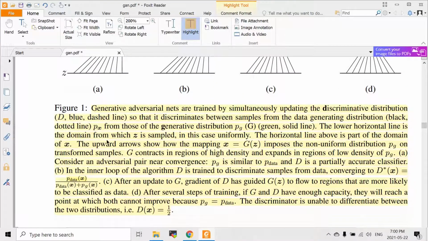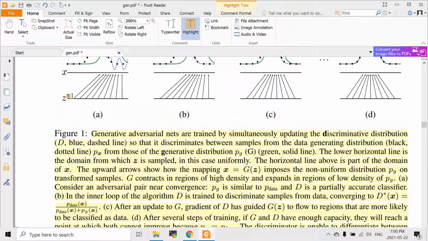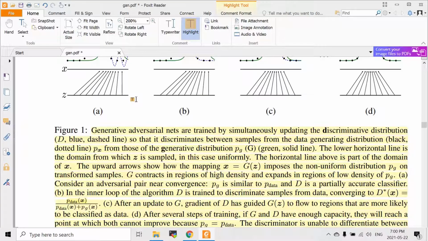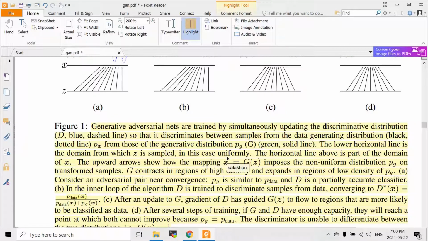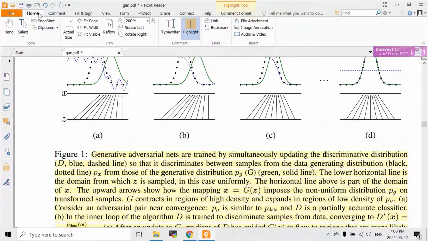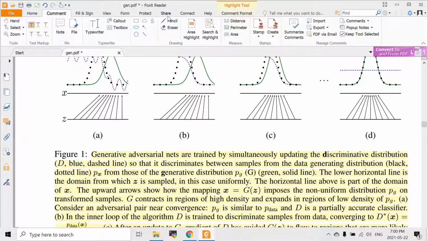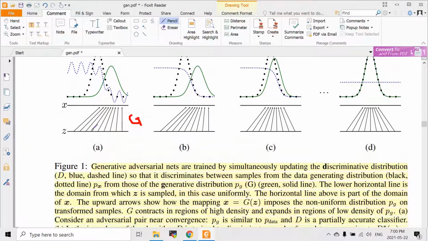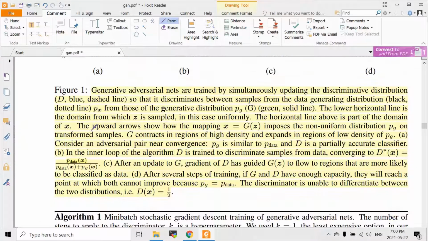The lower horizontal line is the domain from which Z is sampled. So the noise is sampled from a certain distribution; in this case, it's uniform. The horizontal line above is part of the domain of X. So basically, this is what the generator is doing: it takes the noise and transforms it into X, which is then passed to the discriminator.